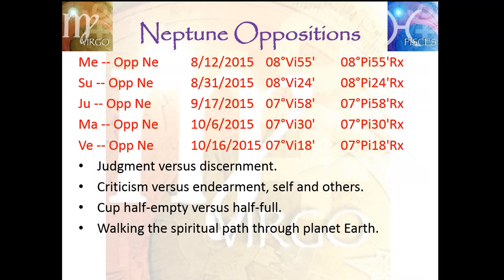Again, those 5 planets making oppositions to Neptune are really going to be triggering and showing us and pointing towards the way to reconnect to source energy.